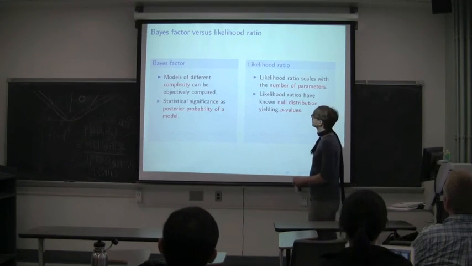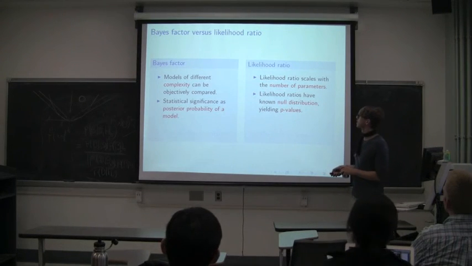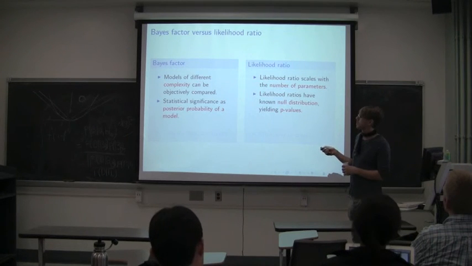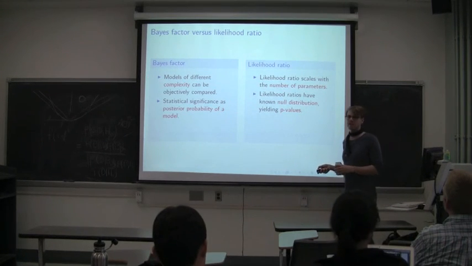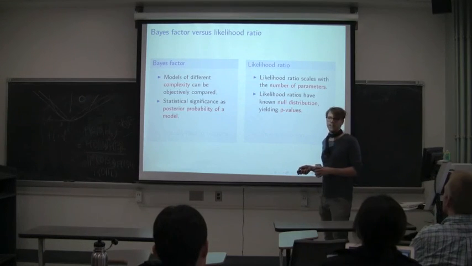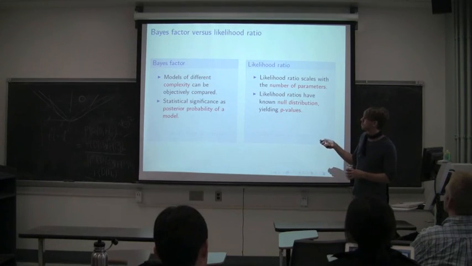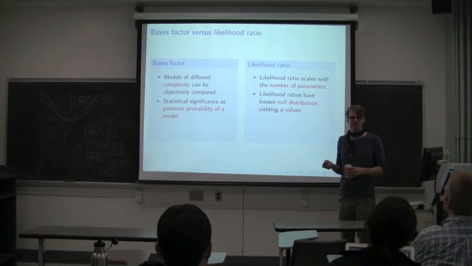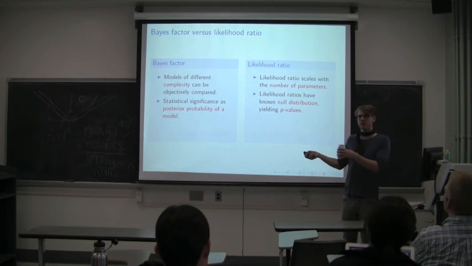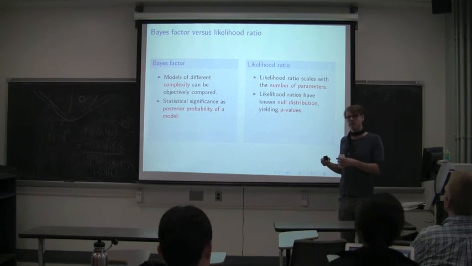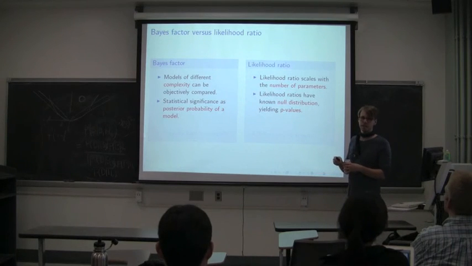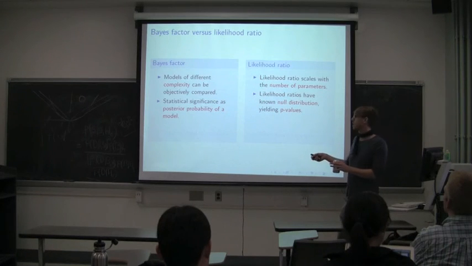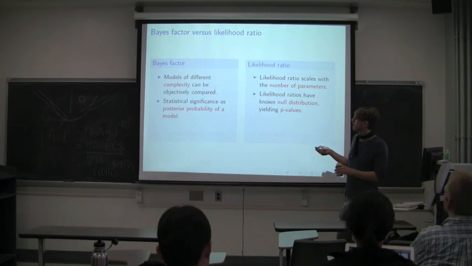So let's compare a bit Bayes factors and likelihood ratios. Bayes factors have the big advantage that we can compare models with different complexity. These tests come up, for example, in causal inference. If you condition on different variables, then sometimes the models are not completely nested, that is, not all the parameters in the null model also appear in the alternative plus additional ones.